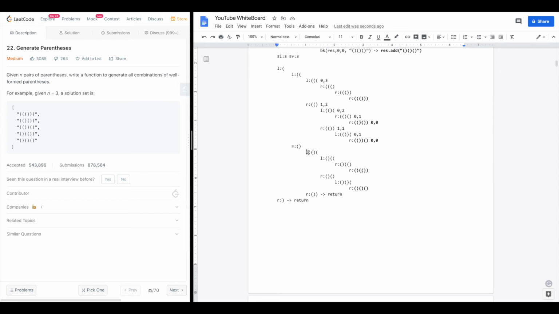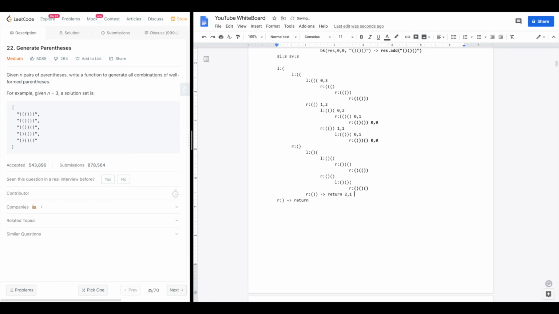Right, there is one more example I want to go through. For this one we can either add the left or add the right, but if we add the right over here, the remaining for the left is 2, and the remaining for the right parenthesis is 1.